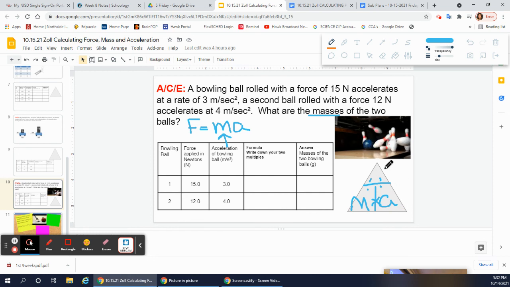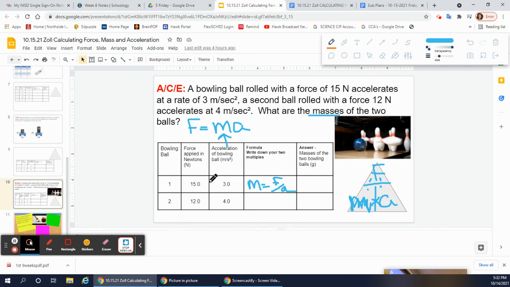The only place to put my force is up top. I want a formula for mass, so I'm going to cover up that variable, and my formula reads force divided by acceleration. So I'm going to write that there for you: mass equals force divided by acceleration.